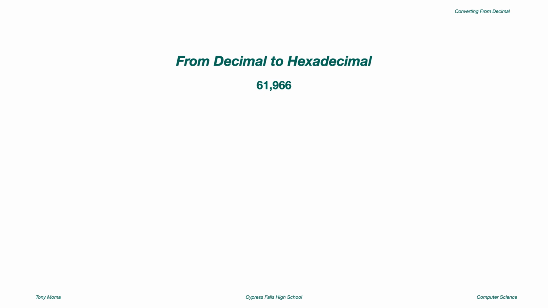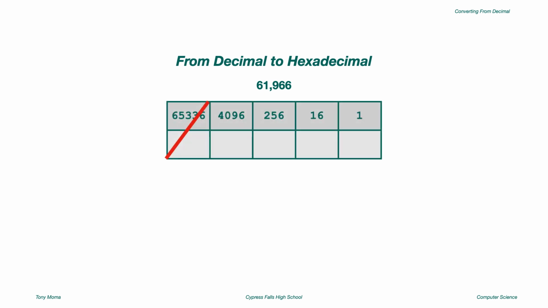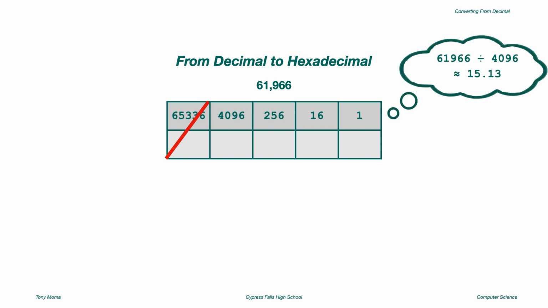For our last example, we'll do a much larger number, 61,966. For this example, we can use the exact same table that we used for the previous example, since 65,536 is larger than the number that we're converting. It's the first multiple of 16 that is larger than the number that we're converting. So, how many times can 4,096 fit into 61,966? We do the division. We get approximately 15.13.